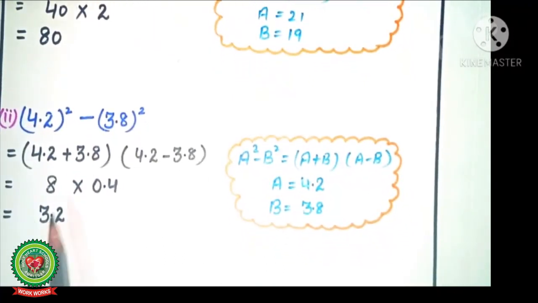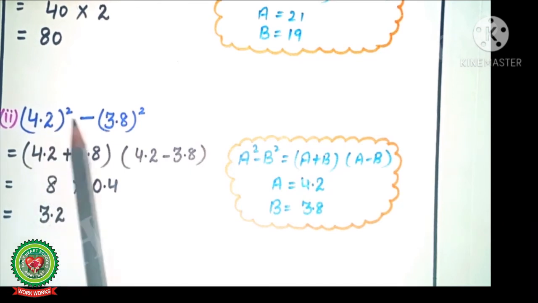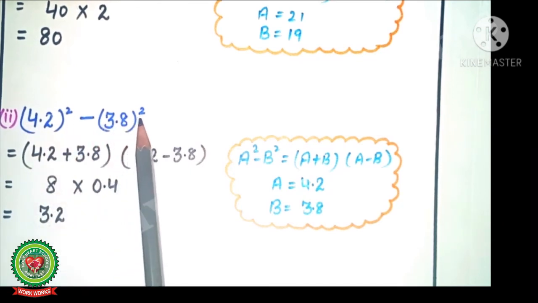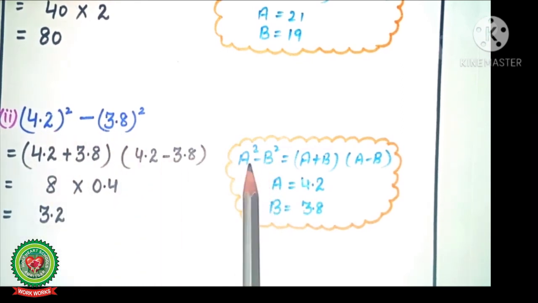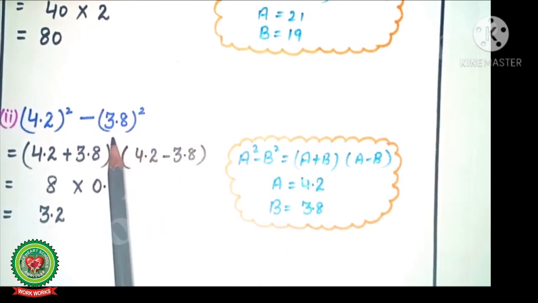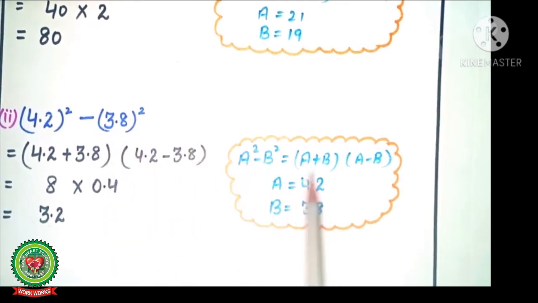Now here the statement is 4.2 square minus 3.8 square. Again, if we compare this with the formula, we get a square minus b square, because this statement is in the form of a square minus b square, which is equal to (a plus b) into (a minus b), where a is equal to 4.2 and b is equal to 3.8. Right? Now apply this formula over here.